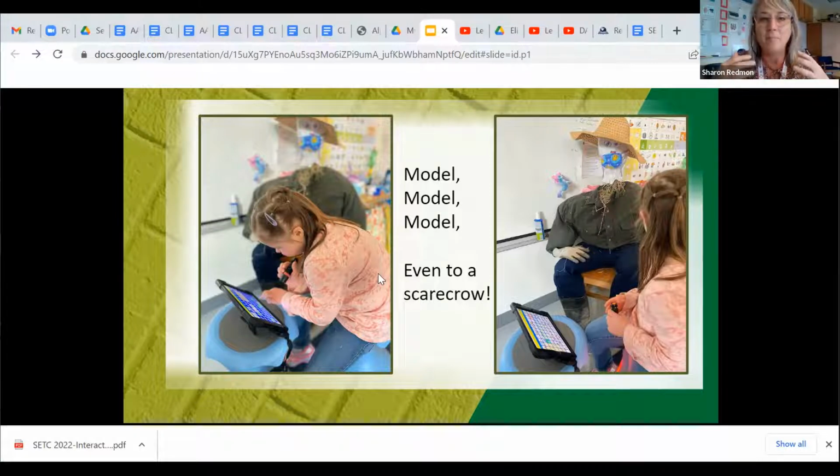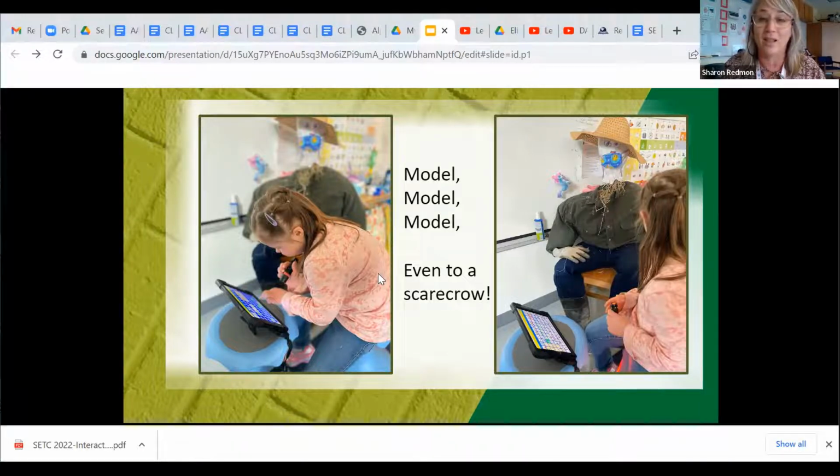And it was amazing, this just doesn't happen. She was taught. It has been years of modeling with her for her to know how important it is to model language to someone that is learning it. And the scarecrow needed to learn that language.